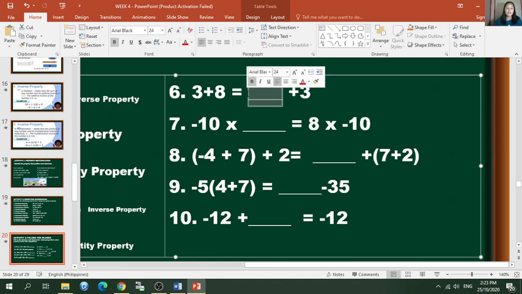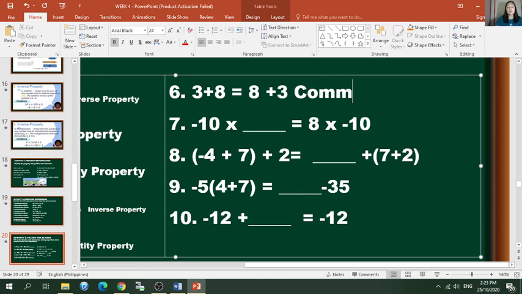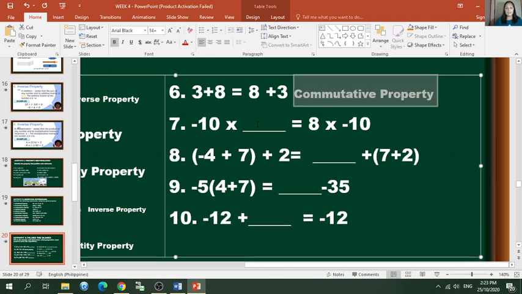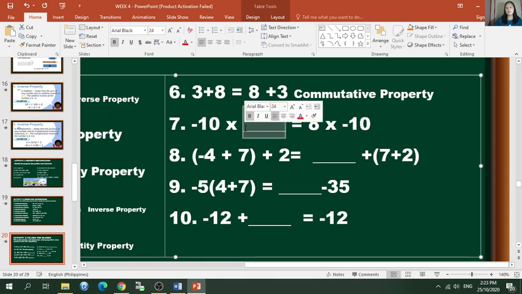So, interchanging the order of the given real numbers. So, we have 8. And what is that? It is just commutative. Commutative property is used in number 6. And for number 7, the same.